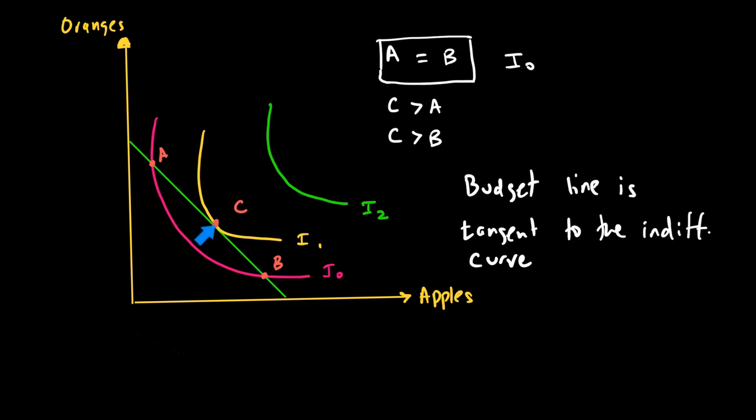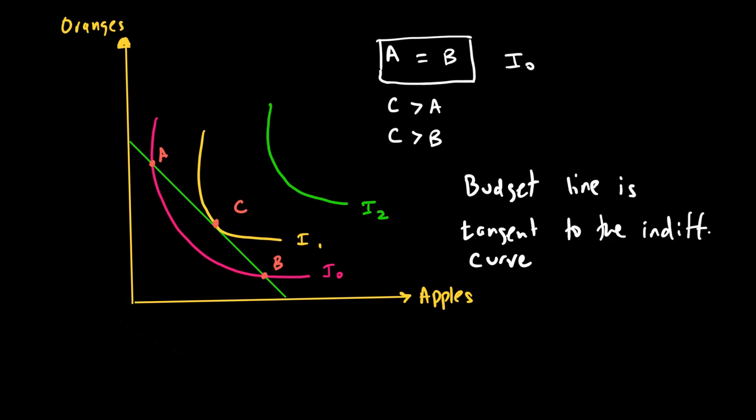So combination C is such that this green budget line is tangent to the indifference curve I1, and beyond I1 I have all the unaffordable indifference curves, but I1 is the indifference curve that gives me the maximum possible satisfaction that I can buy from my limited income.